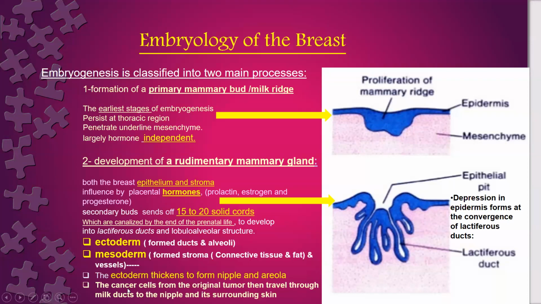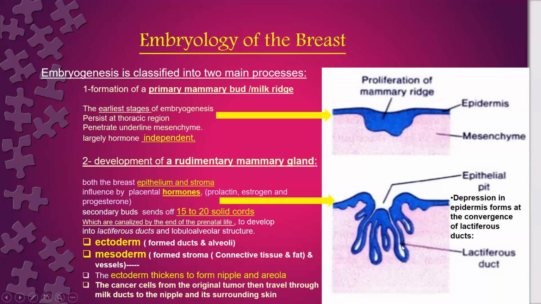And the cancer cell, if we look here, you see the ectoderm. The ducts are formed from the ectoderm and are in continuation with the cells of the nipple areolar complex. And this can explain the theory of Paget disease.